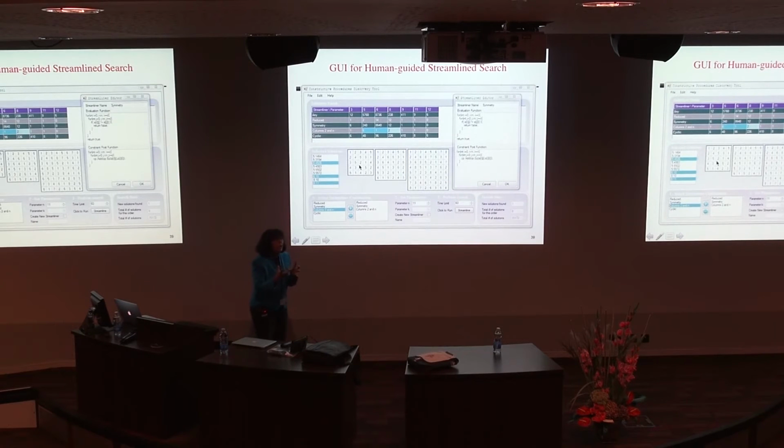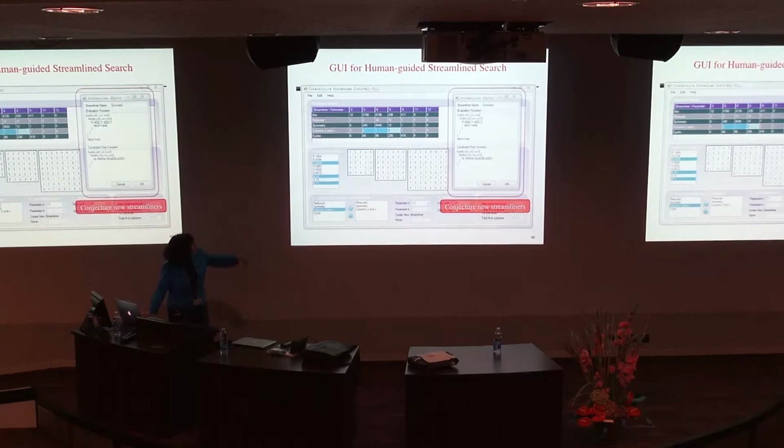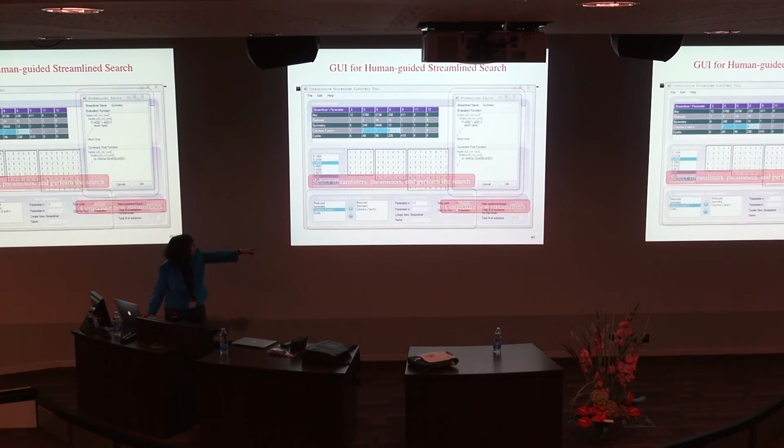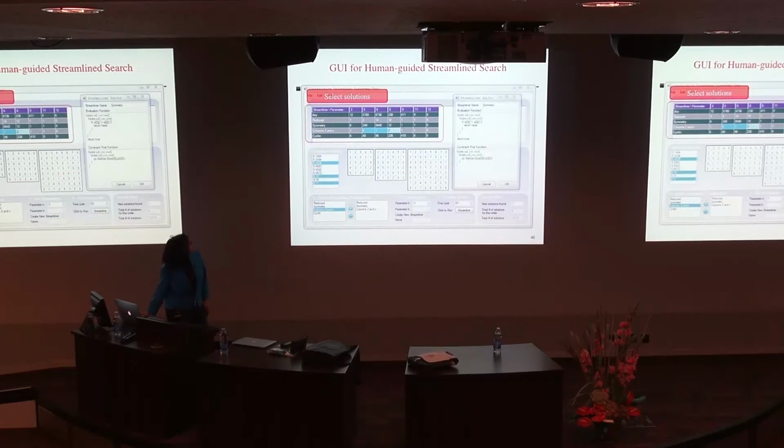He would look at them and see them, and then make that a constraint and see what happens. Does it make sense? Okay. By looking at the solutions, he could conjecture streamliners, then select the streamliners and try to perform search and select solutions.